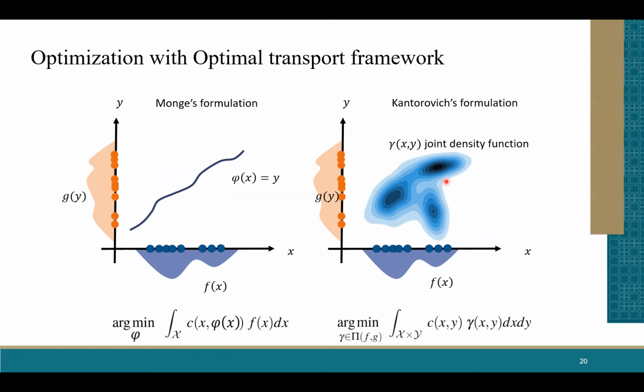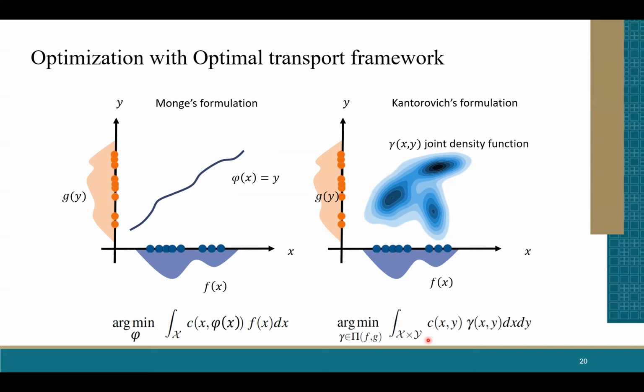In terms of optimal transport, there are two formulations. Kantorovich formulation estimates this unknown joint probability density, where G and F are the marginal PDFs associated with this joint PDF.